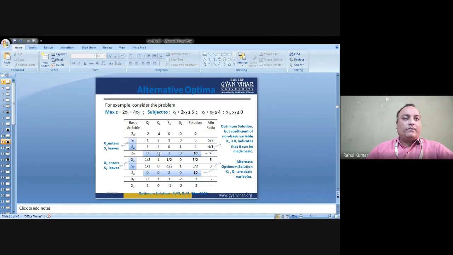And for this example, maximum z function equal to 2x1 plus 4x2.